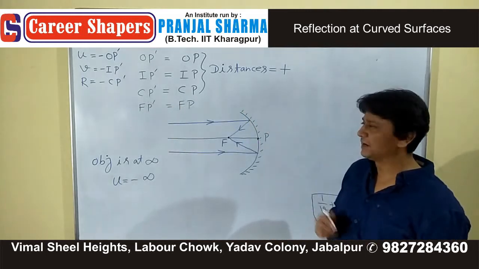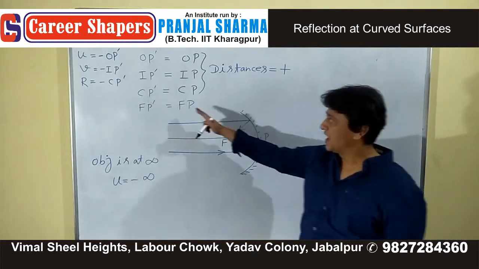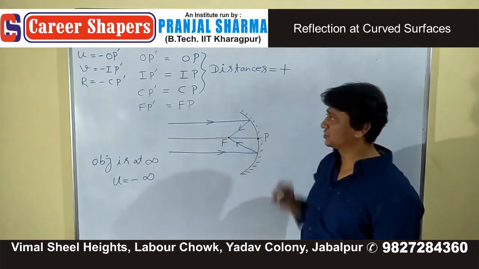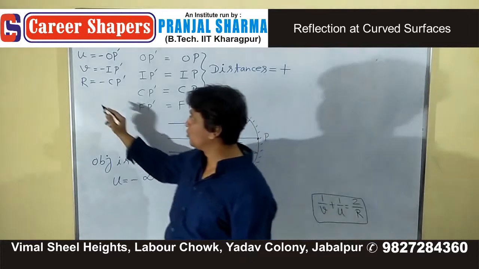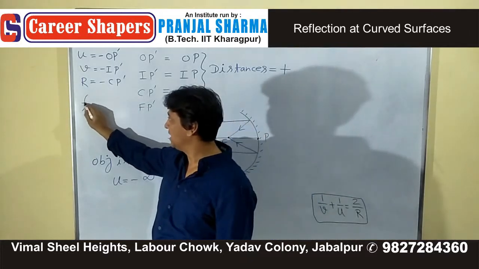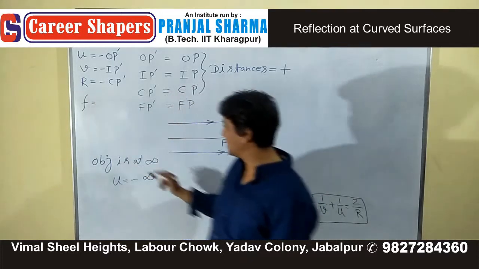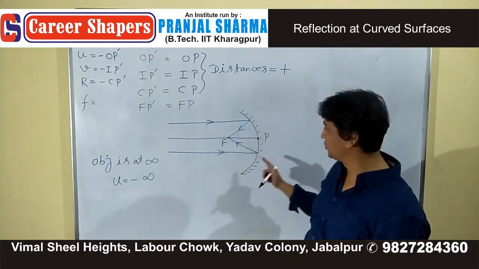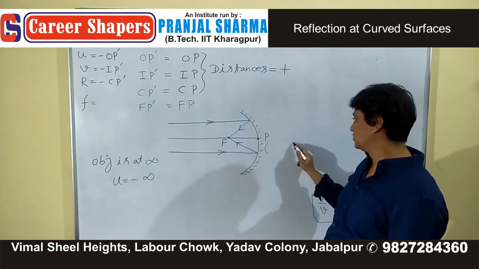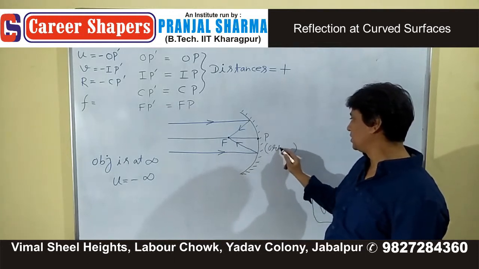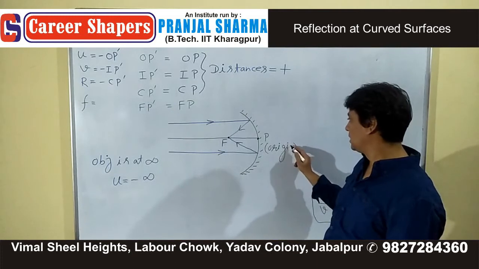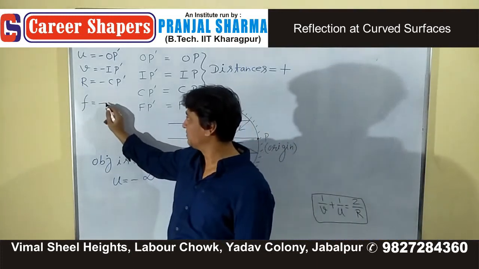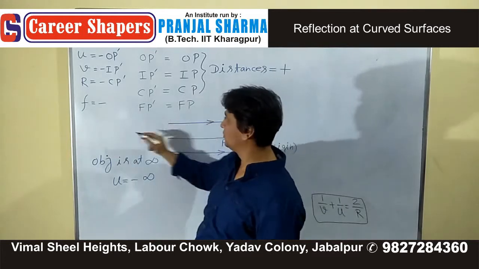But in case you want to write it, FP is what? Distance, should be positive. But if you want to define focal length F, then you can see this focus point is on the left hand side of the origin, and therefore F must be negative. Negative of what? This FP.